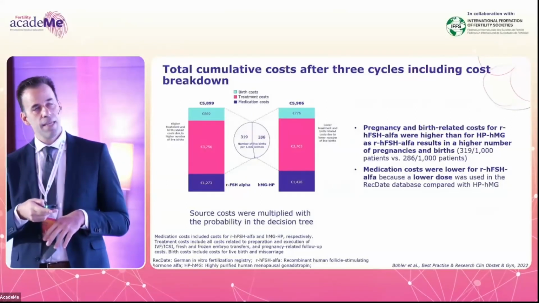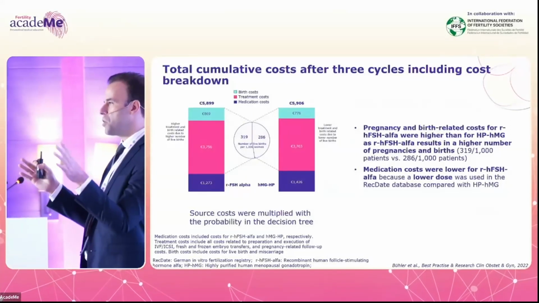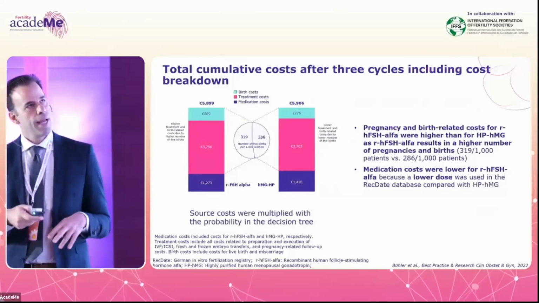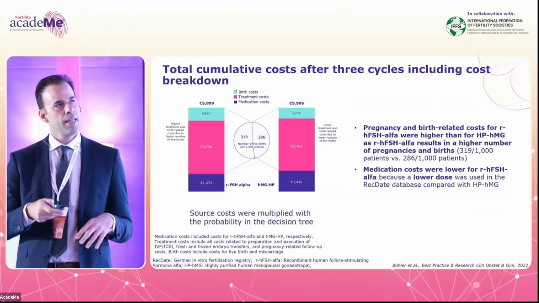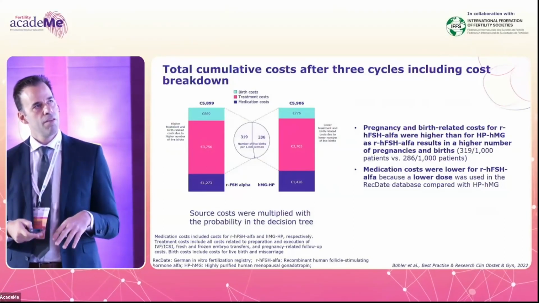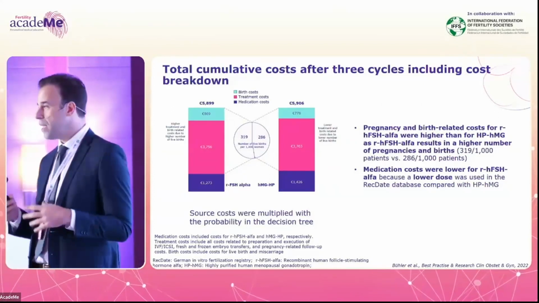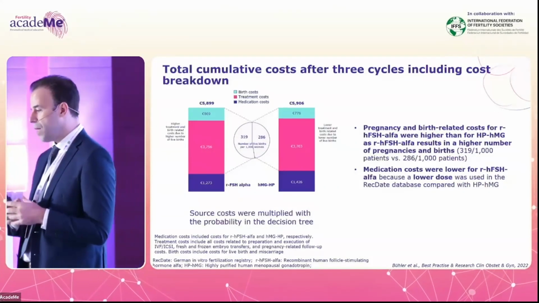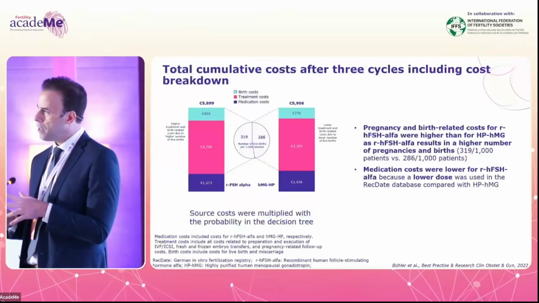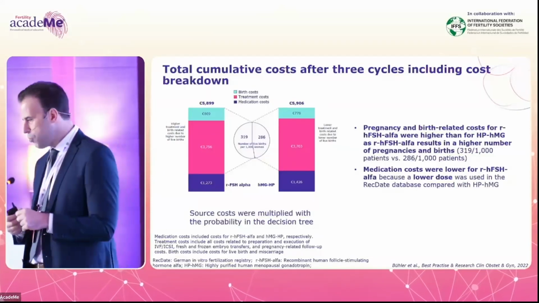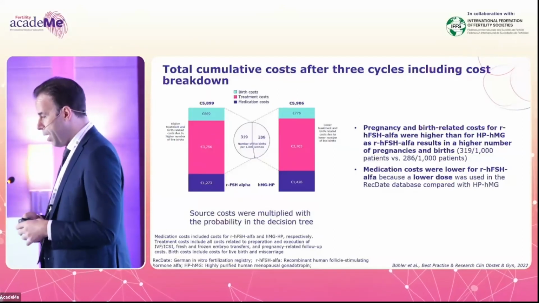thing is you can see out of those two treatment groups that started their journey, we ended up with 319 live births per 1,000 individuals versus 286. And that again was based on the RecDate data, which suggested that folitropin alpha was more efficacious.